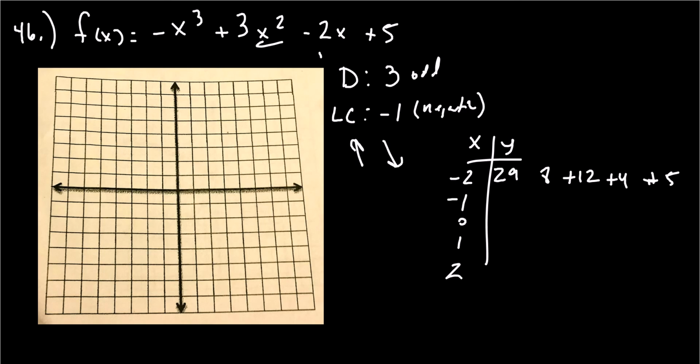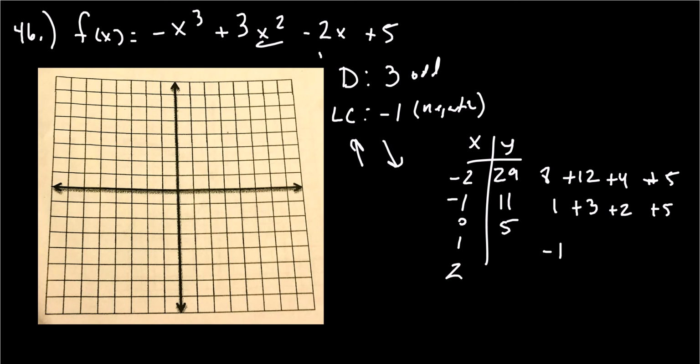That's 29. For -1, I get +1, because the -1 cubed is -1, and the opposite is +1. Plus 3, minus 2 times -1 is +2, plus 5. 1 plus 3 is 4, plus 2 is 6, plus 5 is 11. For 0, I get 5.